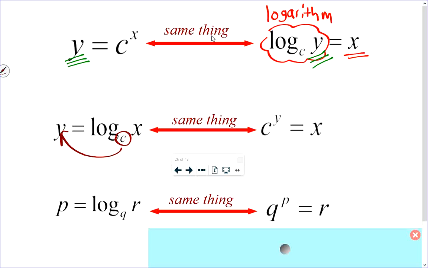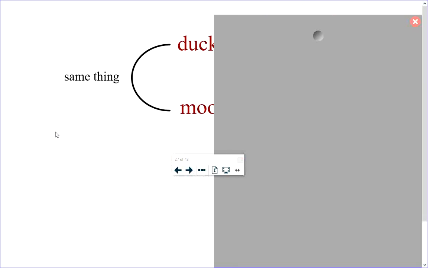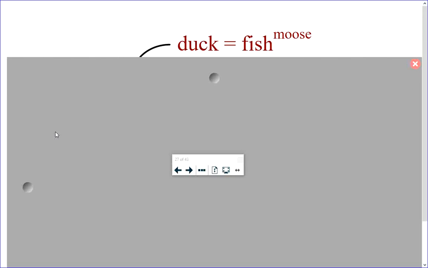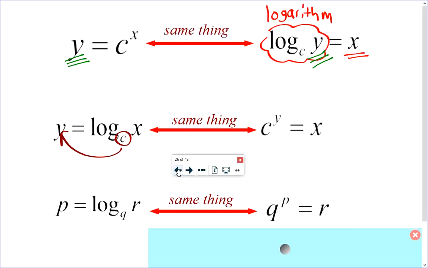So for example, if I say duck equals fish to the moose, and I want you to write that in logarithmic form, the first thing you can notice, by the way, is the base is the same no matter which form you write it in. It's the other two quantities that get flipped.